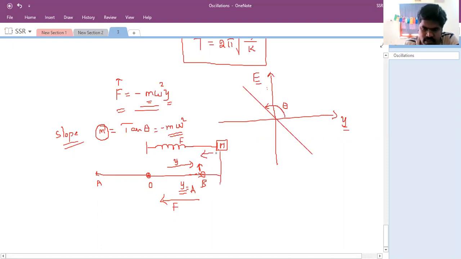Then again, the restoring force tries to pull the mass to the mean position. This block is being brought towards the mean position. That is done by the restoring force. Yes or no? So that is opposite to the displacement y.